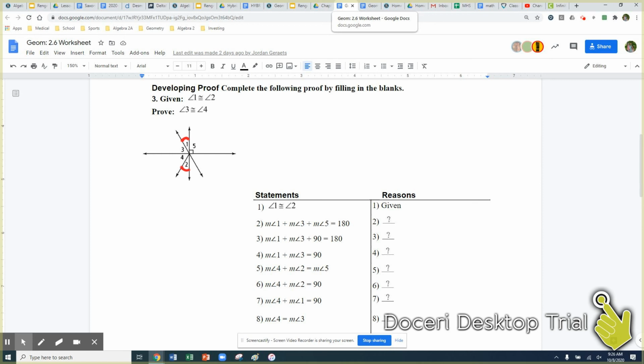So I'm looking right in here. 3, 1, 5 are equaling this straight line right here, which is 180. So we have to give a reason why are those 3 angles adding up to 180 degrees.